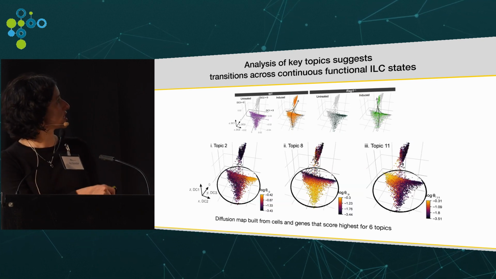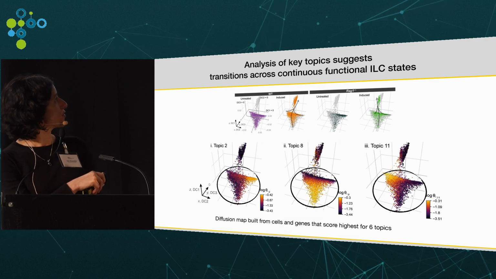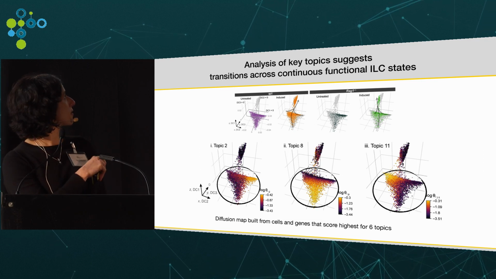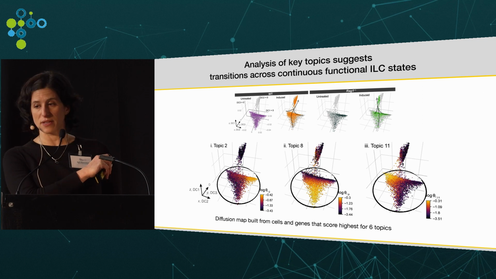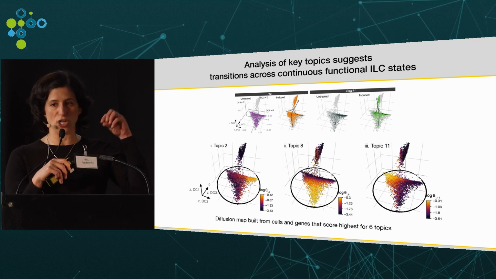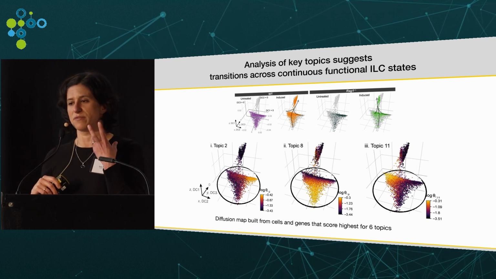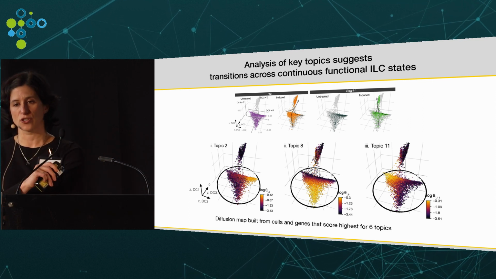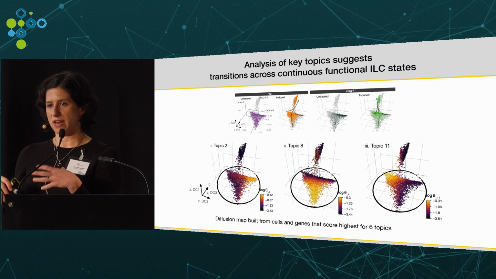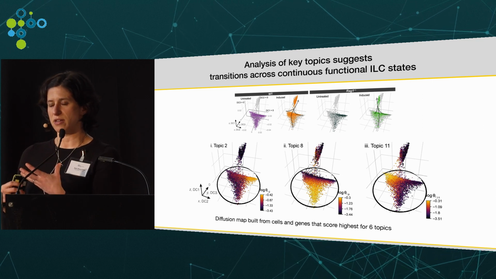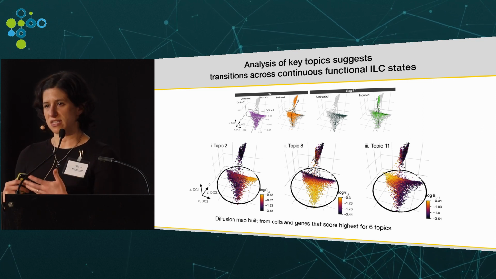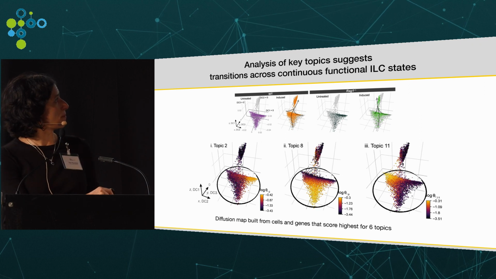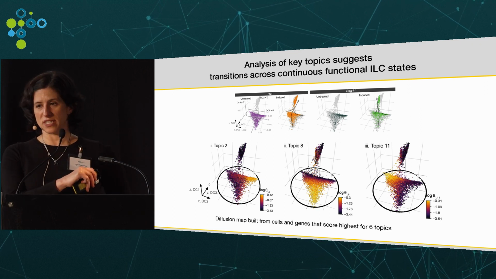If you focus just on this part, there are a few different topics relevant for the cells here, but each of the corners is extremely upweighted in one of these topics that was upweighted in the untreated cells. So every cell in that untreated group is a mix of these topics to some extent. And then I wanted to focus on this transition.